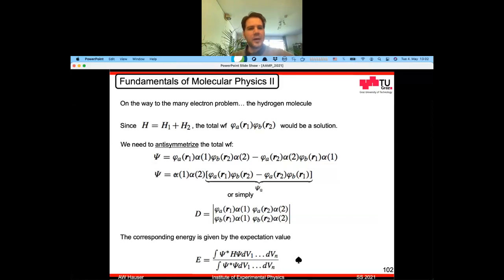Okay, now we have our wave function. We say it's a determinant. How do we get the energy? Well, the energy is the expectation value of our Hamiltonian here.